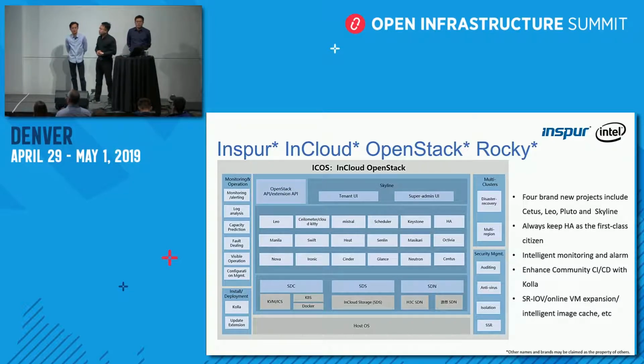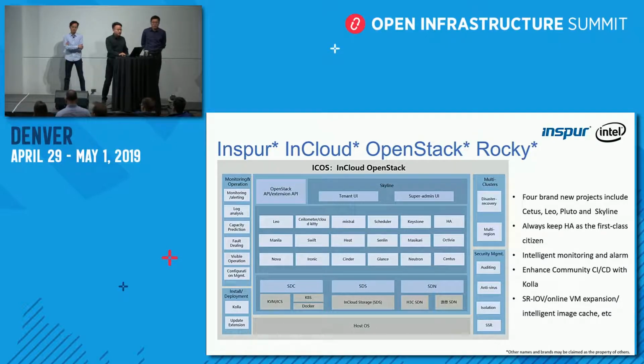Kolla has proved to be significantly efficient in our real practice. Other than that, we introduced some new features such as online VM expansion and intelligent image cache to accelerate the speed of instance booting. That's for the OpenStack solution.